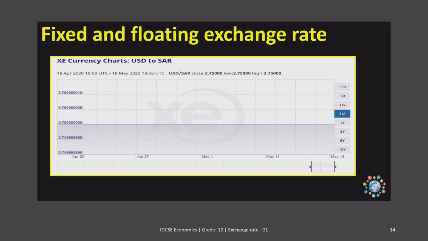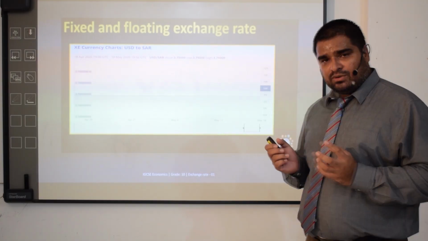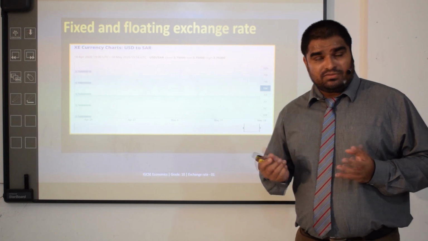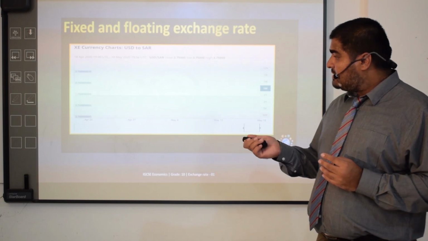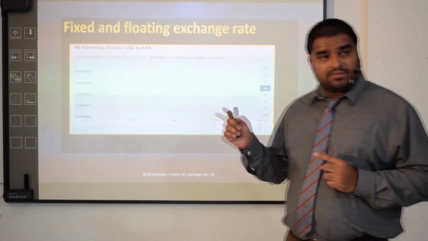So what does this mean? Will this be a floating exchange rate? As you can see, the exchange rate is the same, fixed. So this is an example of a fixed exchange rate.